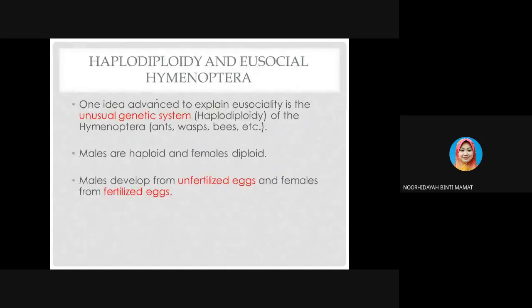One idea advanced to explain eusociality is this unusual genetic system of the Hymenoptera, haplodiploidy.